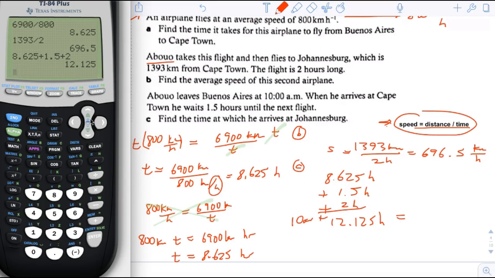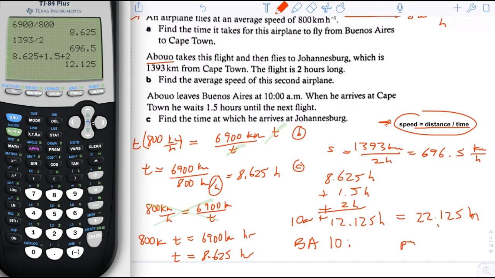And that gives us 22.125 hours. Okay? What does that mean? 22.125 hours corresponds to a little bit after 10 p.m. in Buenos Aires. Okay? So it would be 10 p.m. in Buenos Aires time.